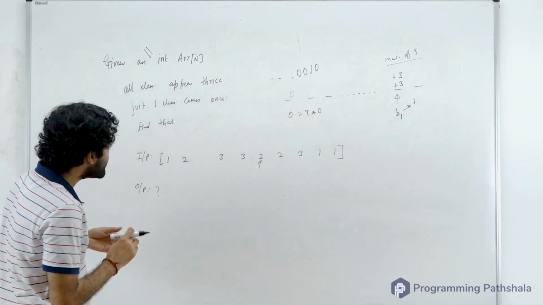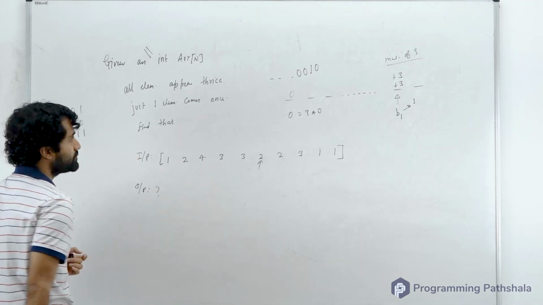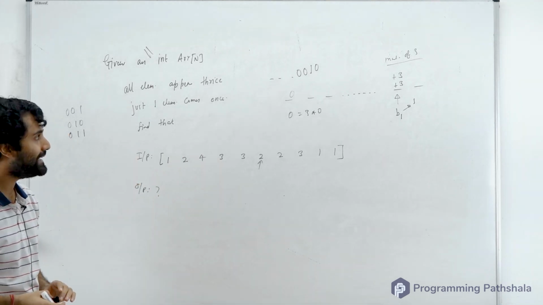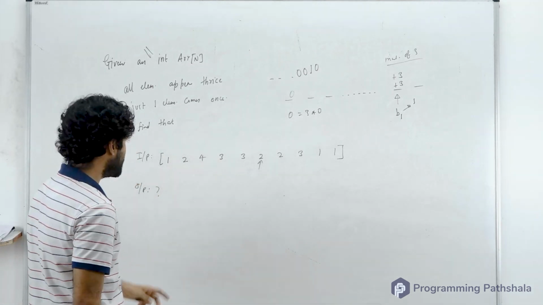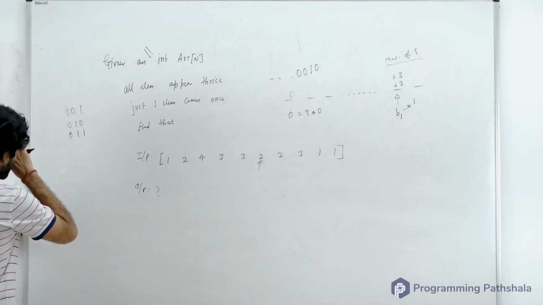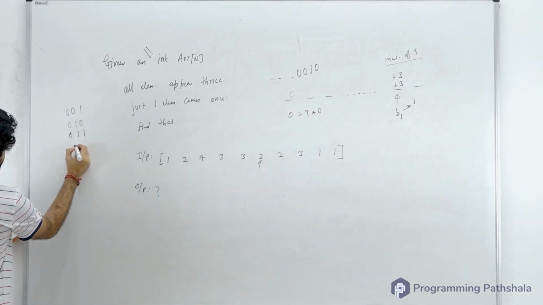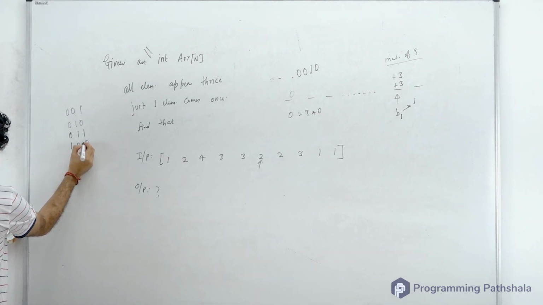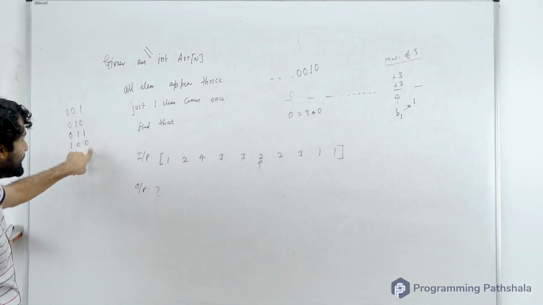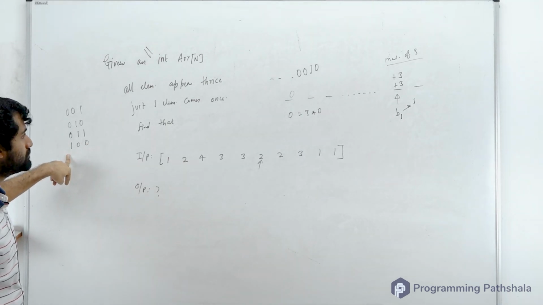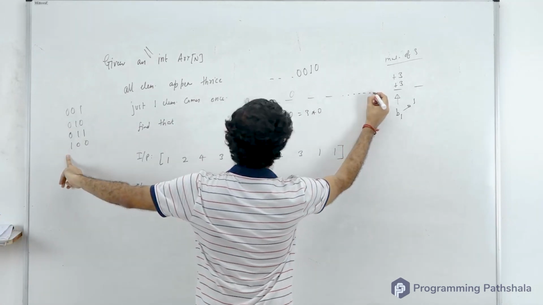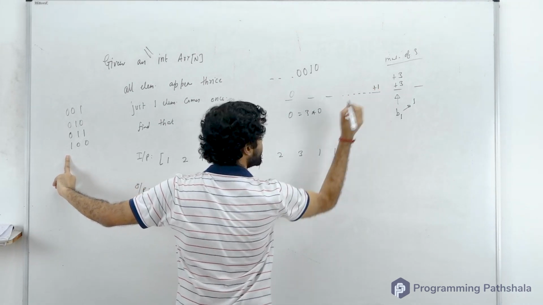Now if a number has come just one time, what will happen? So the representation of this is something like this. So what will it do? It will bring a plus 1 over here.